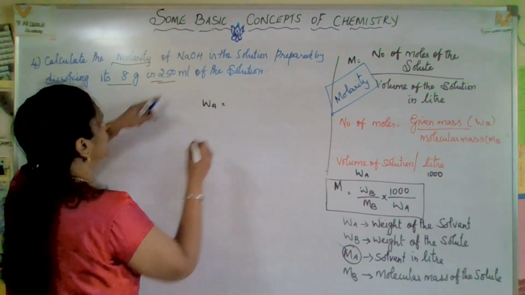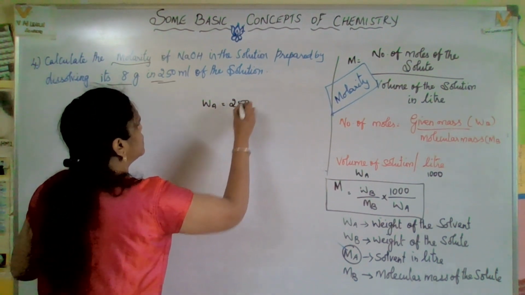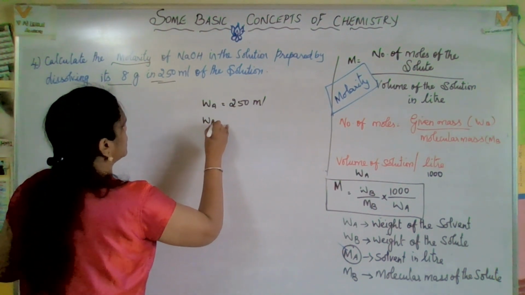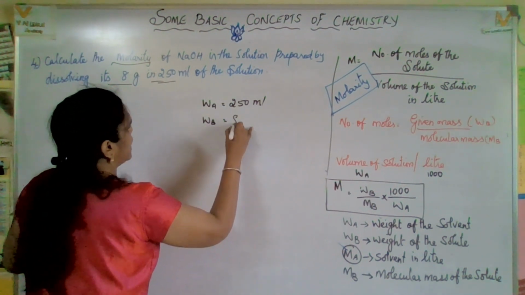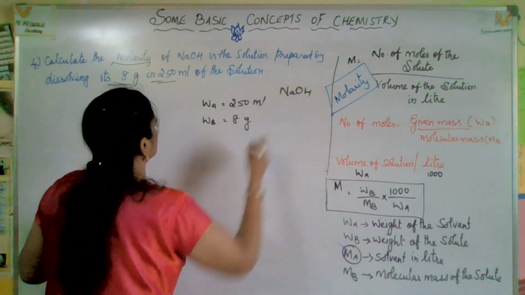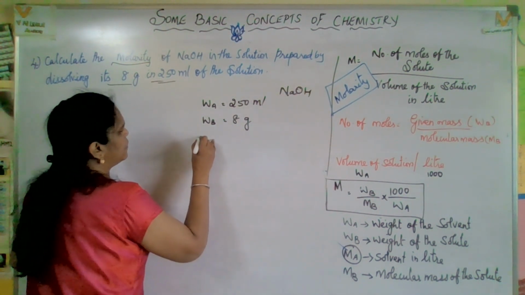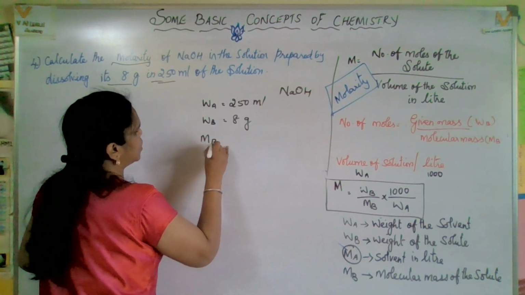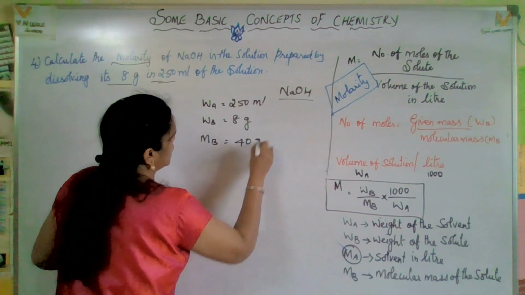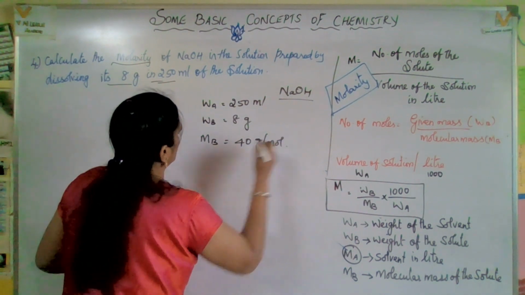WA, what is that? 250 ml. They have provided that volume, and WB, given mass, is 8 grams. The substance is NaOH, sodium hydroxide. And MB, molecular mass of sodium hydroxide, is 40 gram per mole, right?